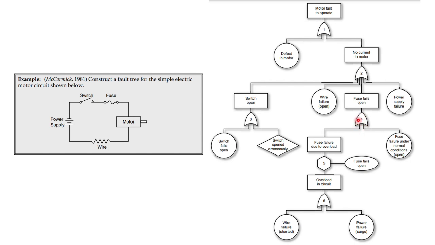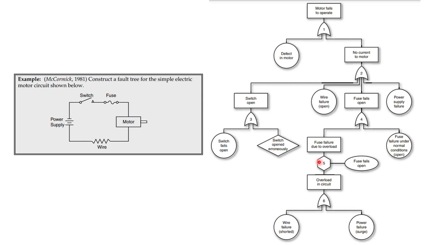Then on the next event, fuse fails to open. We also have the OR gate. So the fuse failure due to overload or the fuse failure under normal conditions. That will be a primary event. Unlike here, failure due to overload has some succeeding reasons why. So we have used an inhibit gate here, which is also considered an AND gate.